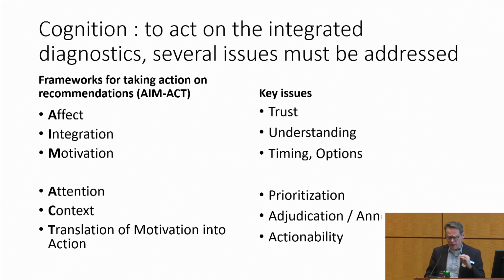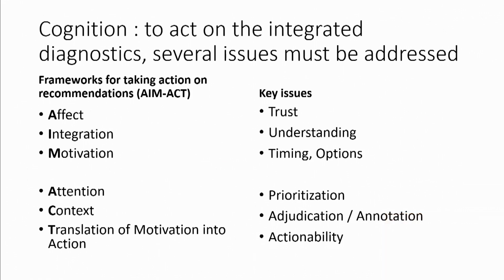So thinking about that, when we think about cognition, how do people interact with information that's presented to them and then decide to act on it in particular ways? How do they pay attention to things? And I really like this AIM Act idea, which came out of Dr. Nahum Shani from Michigan, that sort of incorporates a lot of things. So AIM is affect, integration, and motivation.